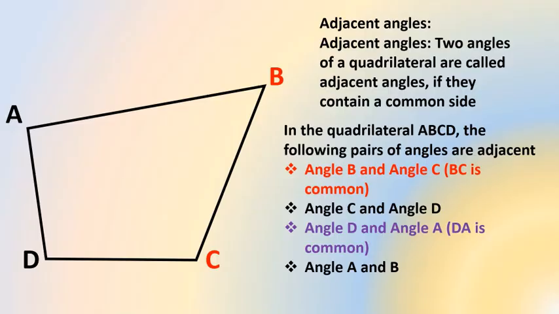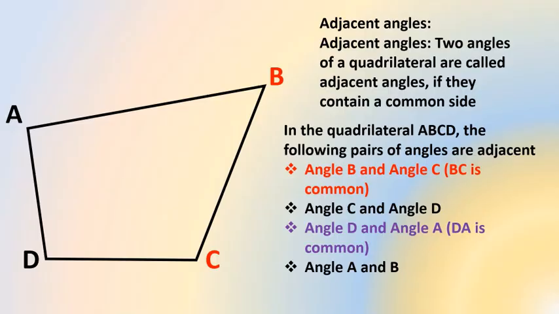So if somebody says name the adjacent vertices, you can't say B is an adjacent vertex. It's wrong. Because adjacent means it always comes next to each other. Two things should be there. Consecutive, that's what I said, next to each other, continuous, co-vertices.